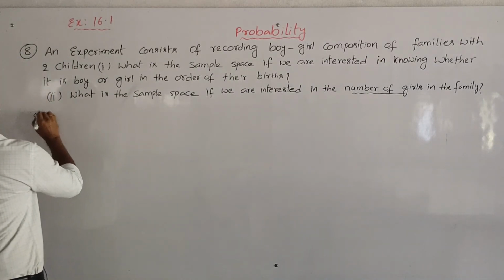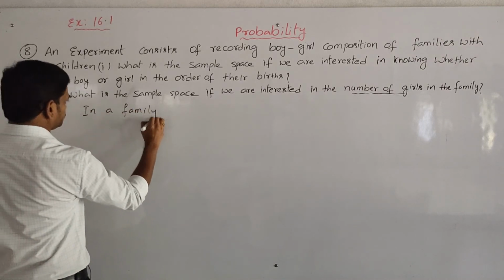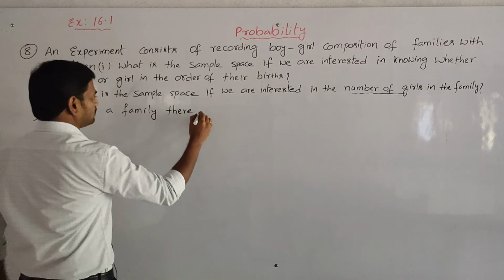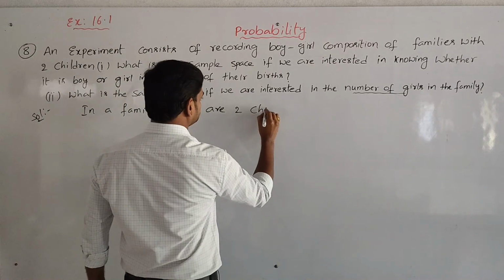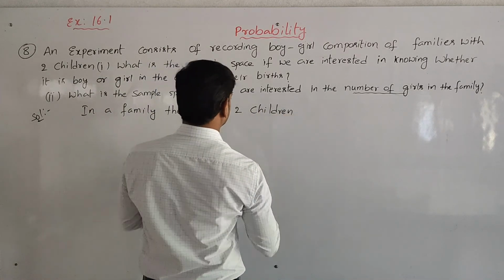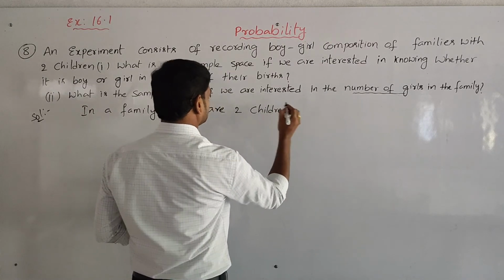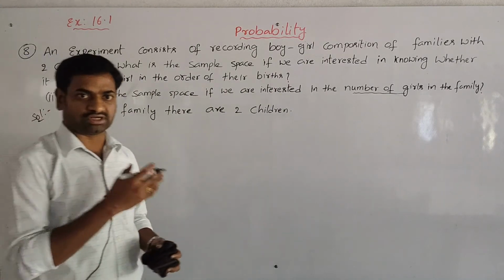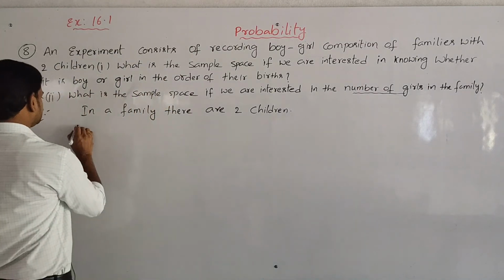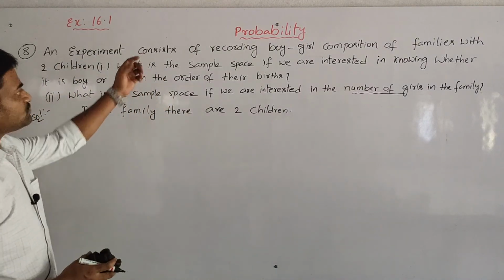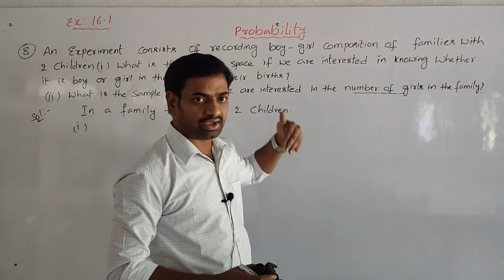See here. In a family, there are 2 children. We don't know whether the 2 children, first one is boy or girl, second one is boy or girl. Now see the first one, for which we have to find the sample space, that we have to know whether it is boy or girl.